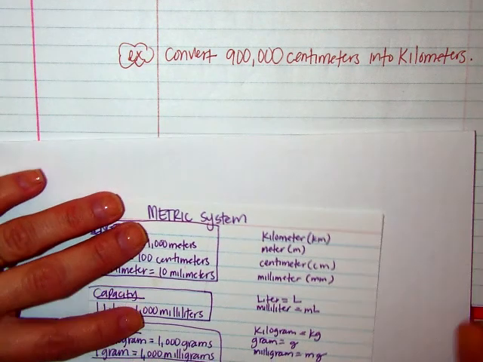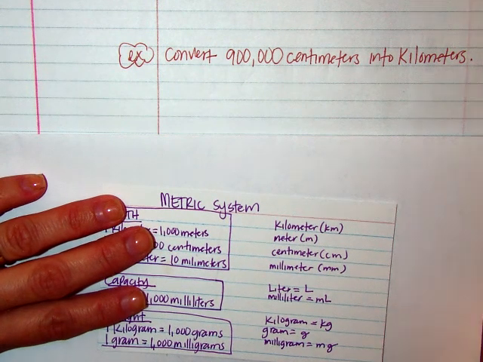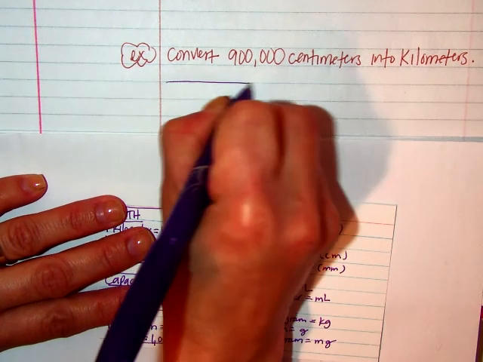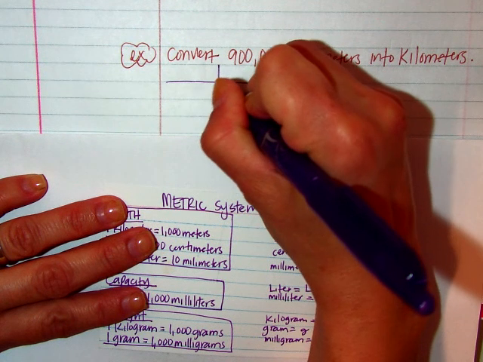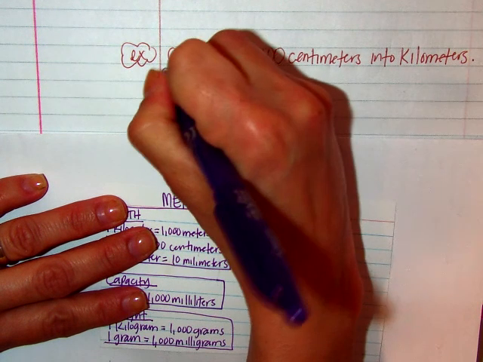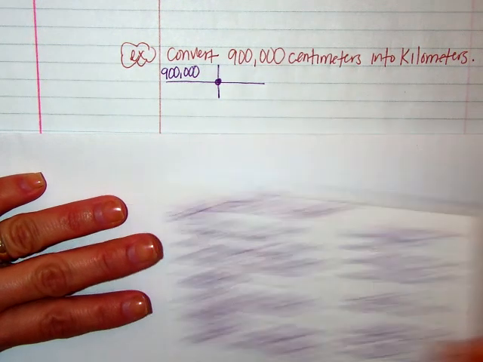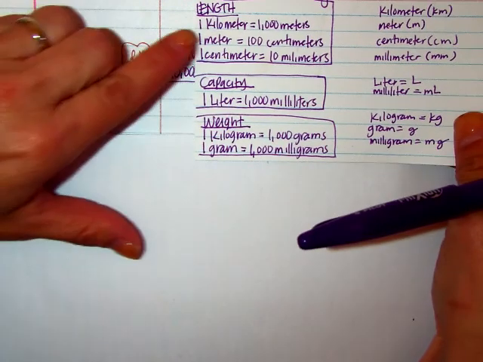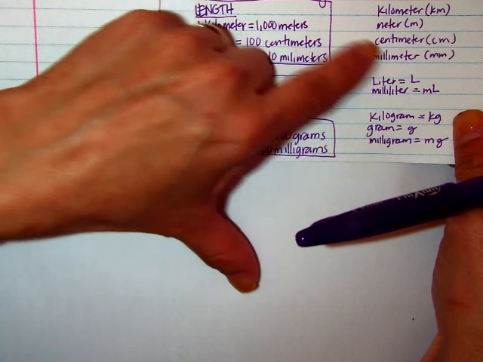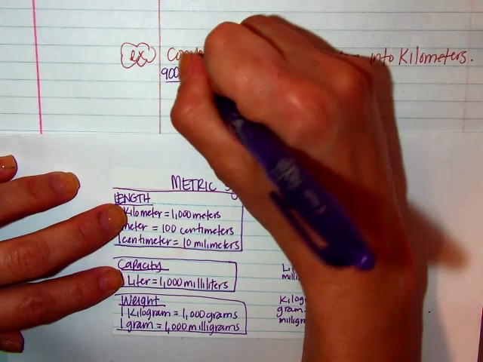This is a pretty large number. So we're going to create our problem with the two fractions. Always write down what you're starting off with. In this case, we're starting off with 900,000 centimeters. And looking at your chart, centimeters is cm. Okay? So I'm going to use centimeters here. Over 1.